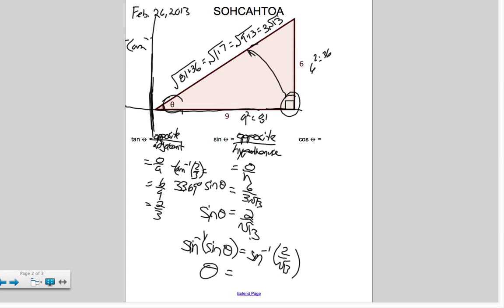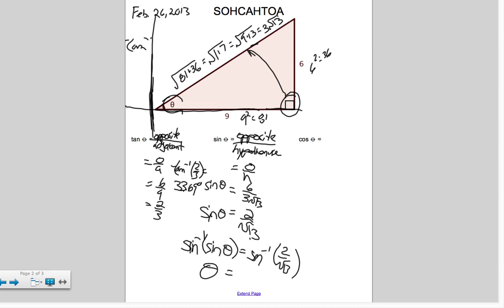You have a question, Katie? I know sine is opposite over hypotenuse, but where do you put the number? Is it somewhere on the triangle? Well, here we know that the opposite side was 6, and the hypotenuse was 3 root 13. It's a ratio, just like tangent was the ratio of 6 over 9.